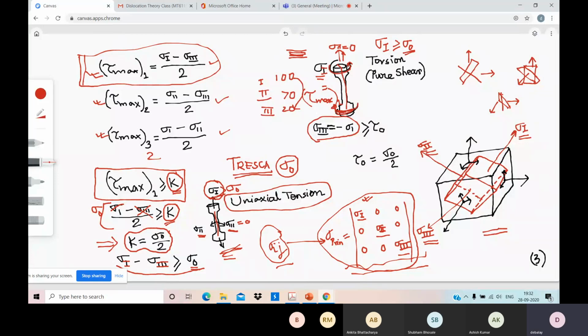So when you do a tension test, you get the absolute value of sigma naught. So now if you know the value of sigma naught, you can calculate how much maximum shear stress a particular bridge can take when it is under complex loading condition, and you can design accordingly.